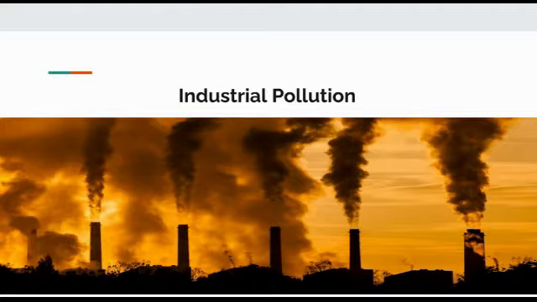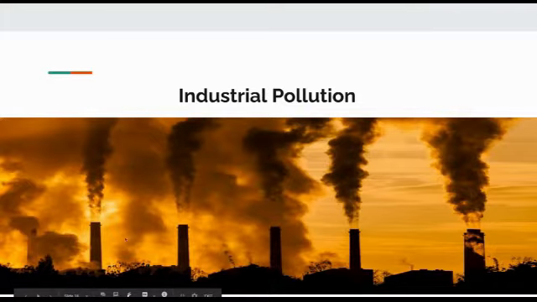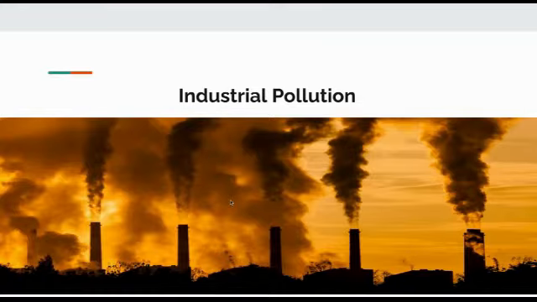Different types of pollution are air pollution, water pollution, soil pollution, and noise pollution. We have to study how these industries make each of them. We see smoke coming out, so it automatically pollutes the environment. How it pollutes the environment, we study next.